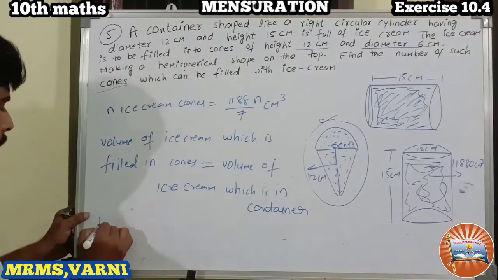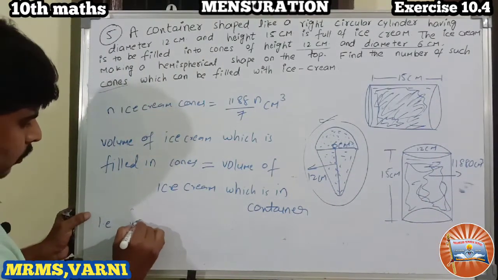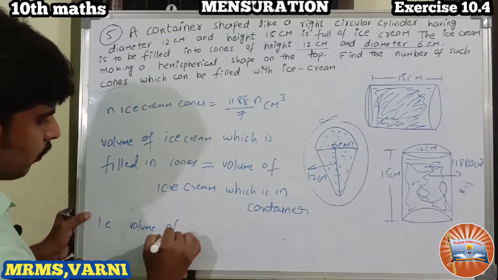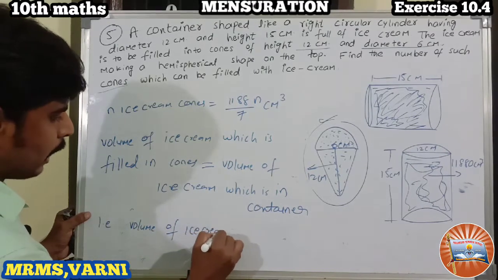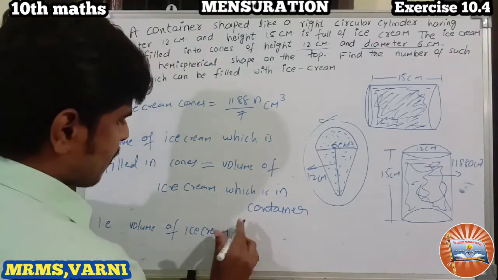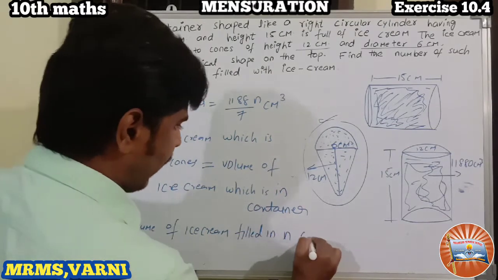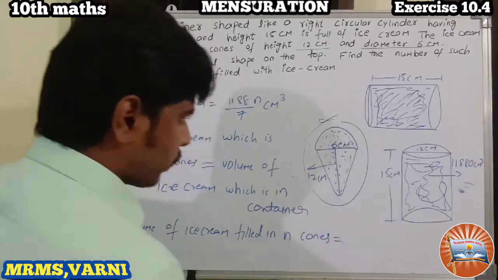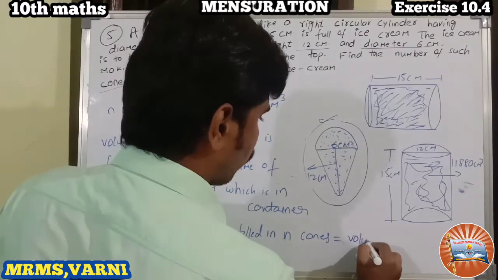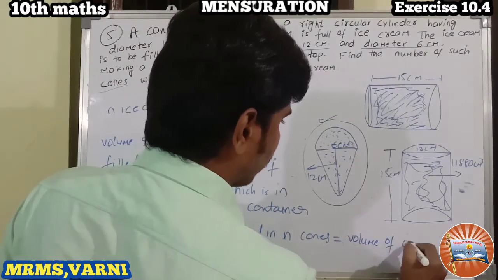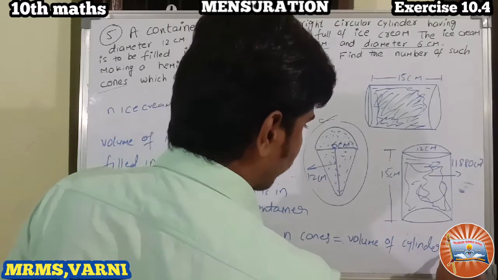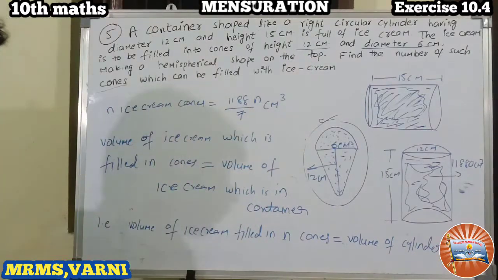That is, the volume of ice cream filled in n cones is equal to the volume of the cylinder. Okay, is it clear? I am explaining very clearly here.